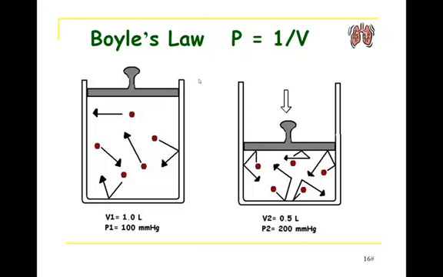I can't go climb up and down a mountain to get atmospheric pressure to change. It's going to be pretty much constant as I'm sitting here. So I need to change the volume of my lungs so I can change the pressures in my lungs and therefore get air into and out of them.